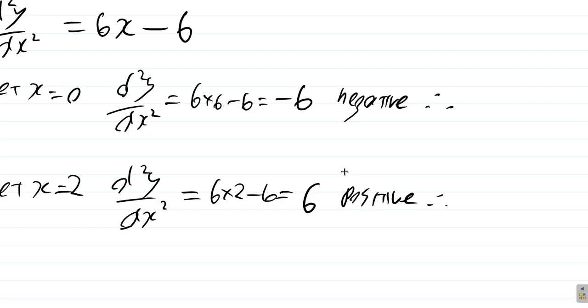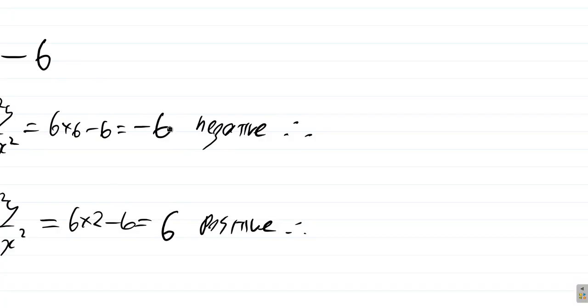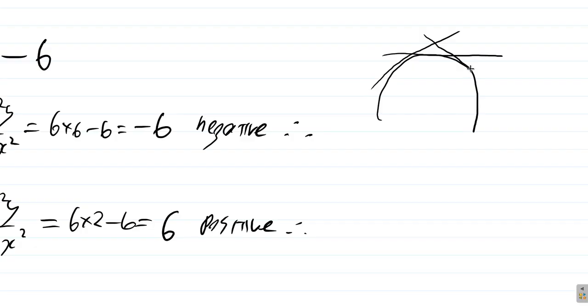When we have a negative value, it means you're turning from a high to a low. Your tangent would be swinging downwards like that.